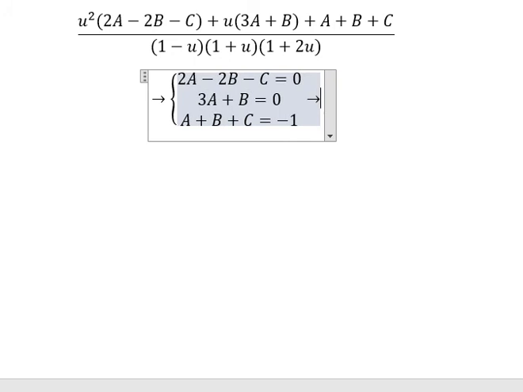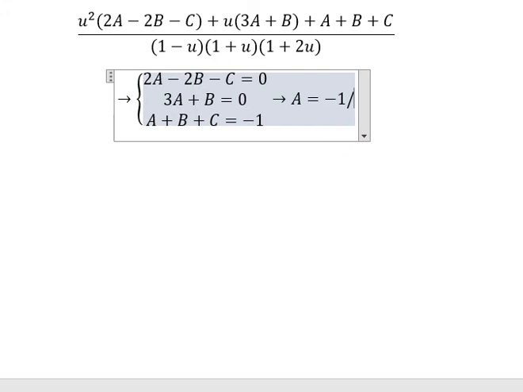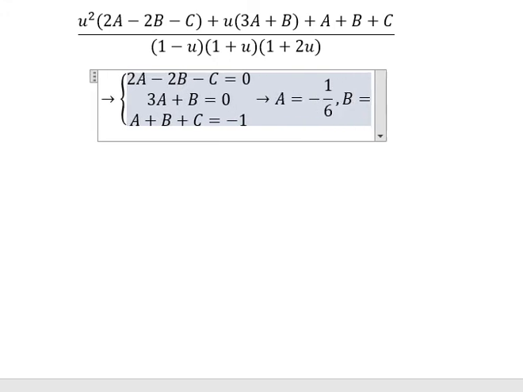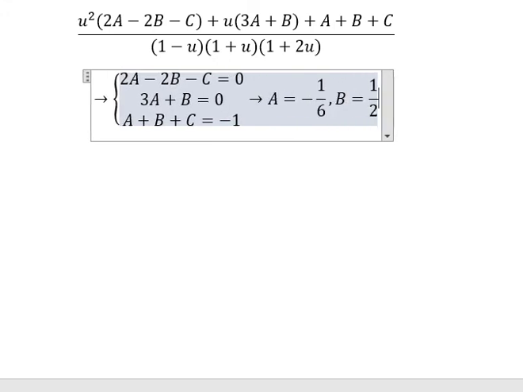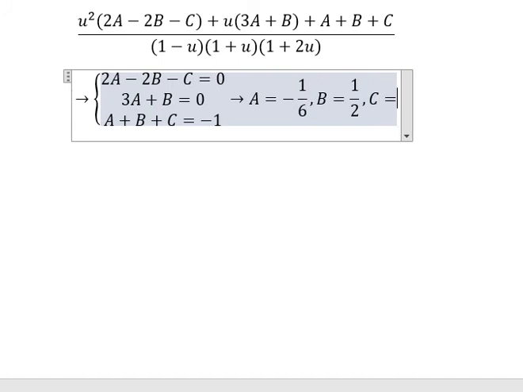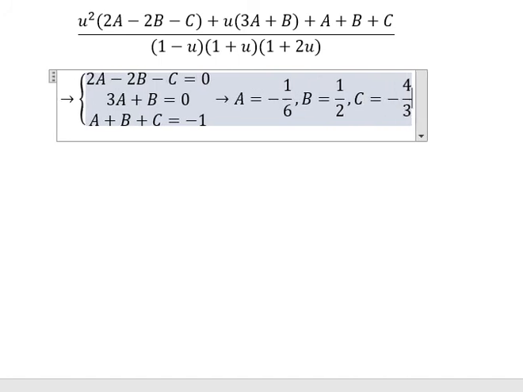Now we calculate about A, B, C. So we have A equals to negative 1 over 6. B equals to 1 over 2. C equals to negative 4 over 3.